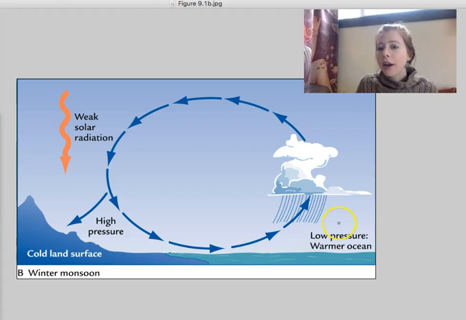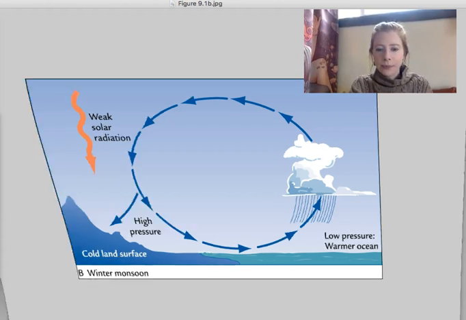So the warm air over the ocean rises, creating a low pressure system, and the land is at a cooler temperature because it has a lower heat capacity than water. And so then we get dry land conditions during the winter time, and this would be a winter monsoon. Now, one area where this happens a lot is over Africa.